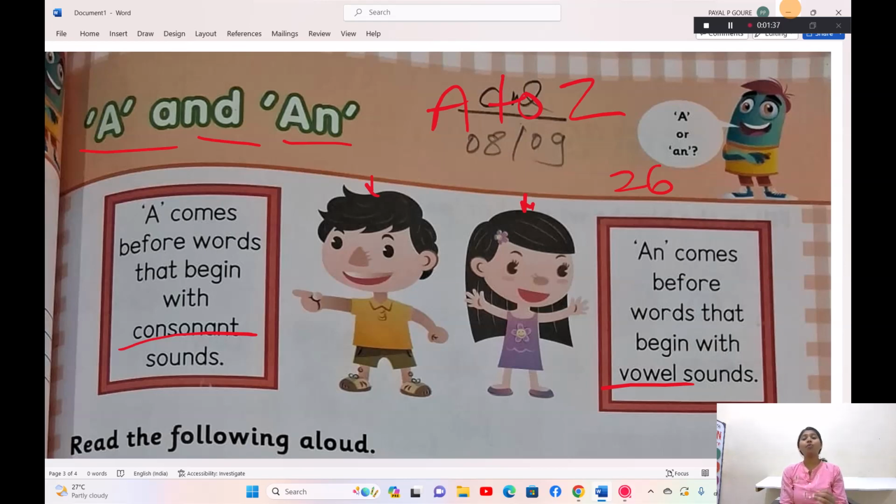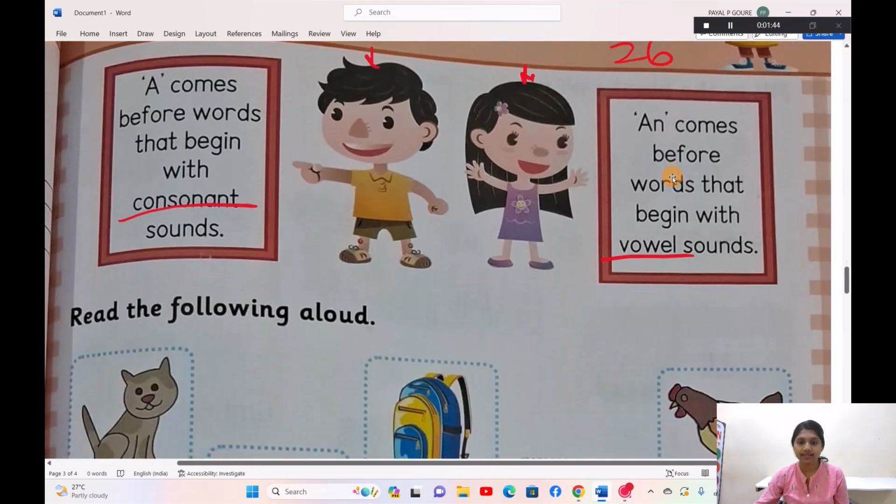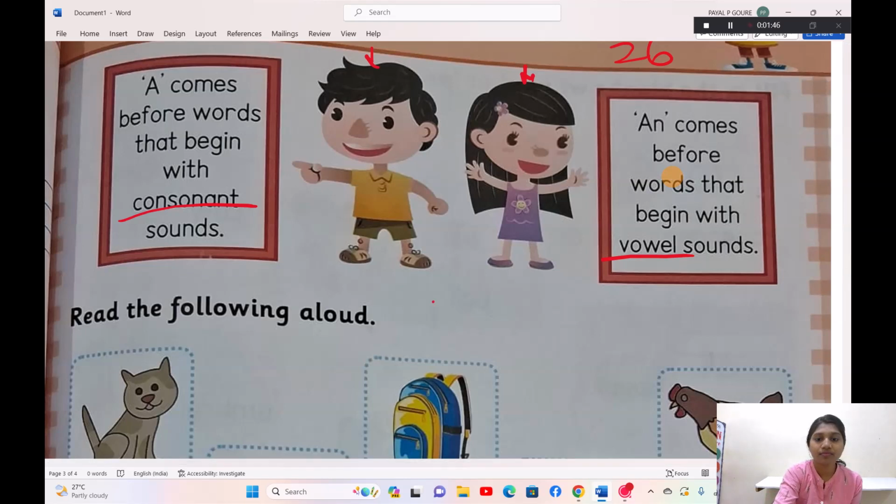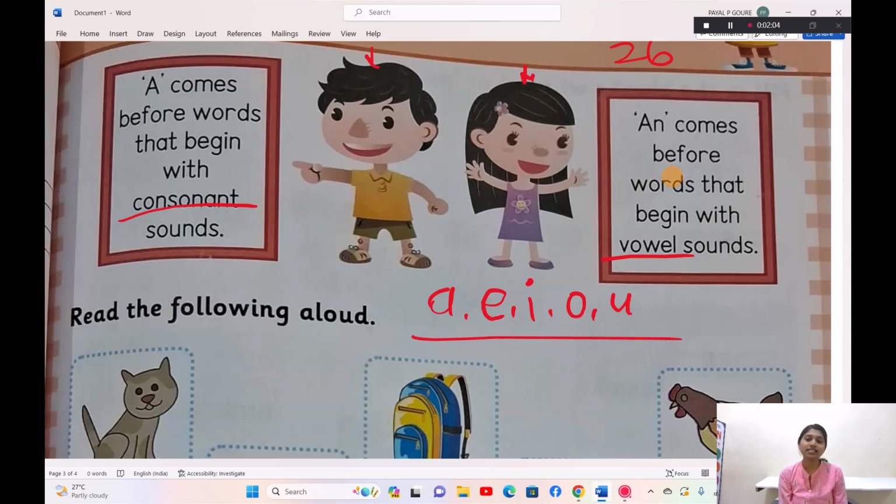And vowels, we know very well the vowels. Please tell me. A, E, I, O, U. We call these the vowel sounds.